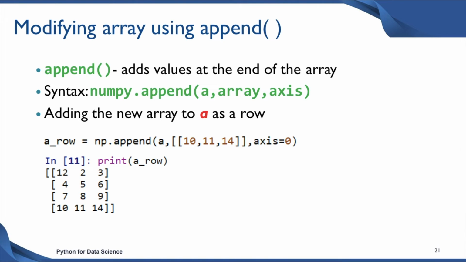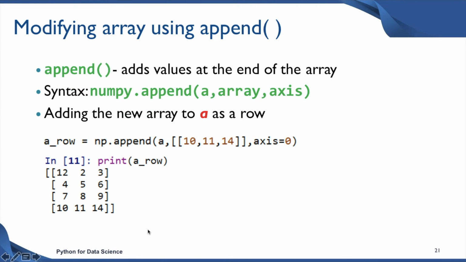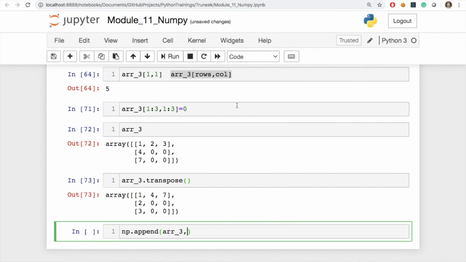So here it has a dimension of 1x3, right? So we have 1 row and 3 columns. Here we could easily append it by using your append method, right? So np.append, we need to specify array_3, then the array we are trying to append, and the axis.